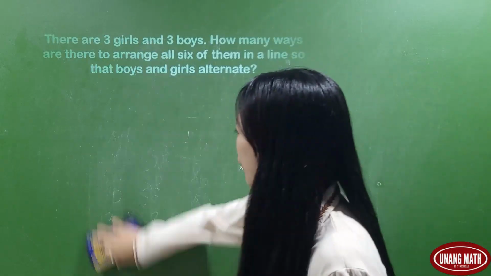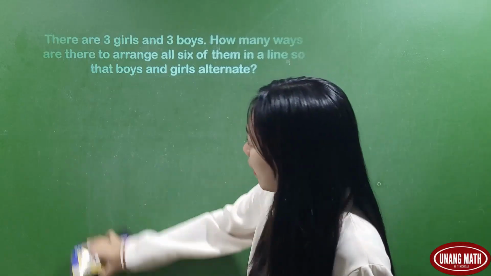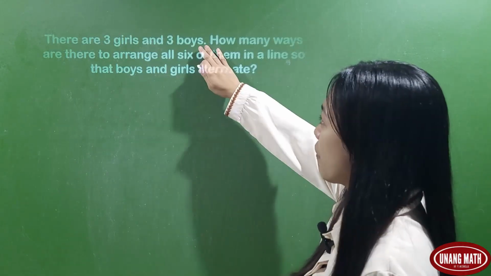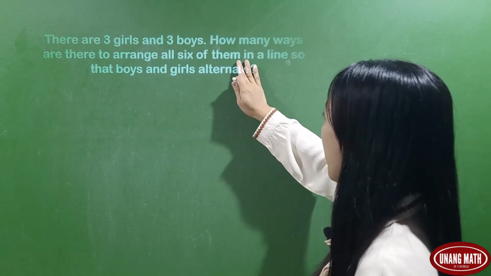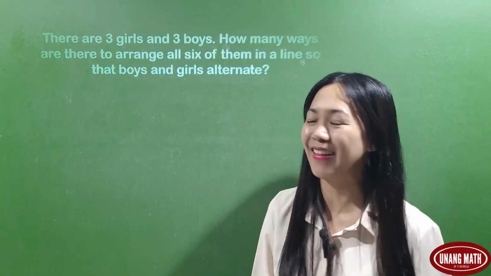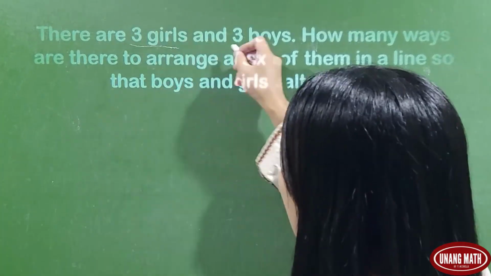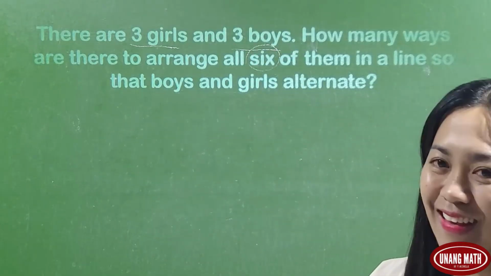Let's now answer this simple question. There are 3 girls and 3 boys. How many ways are there to arrange all 6 of them in a line so that boys and girls alternate? So it's given that we have 3 girls and 3 boys, so the total is 6.